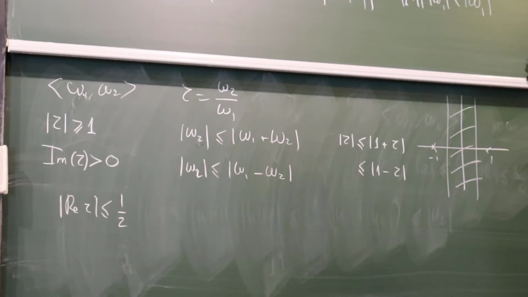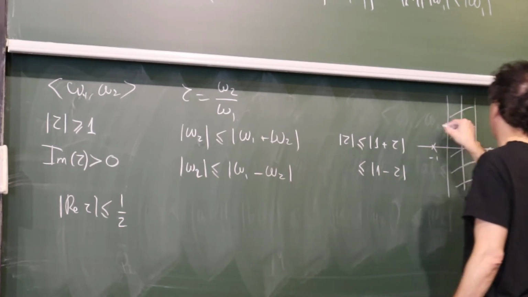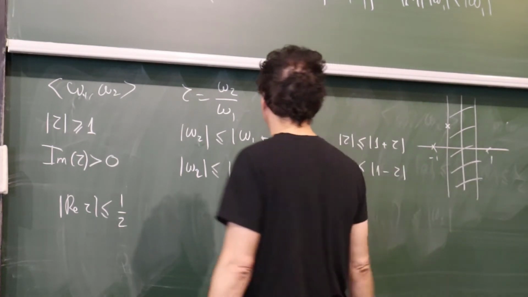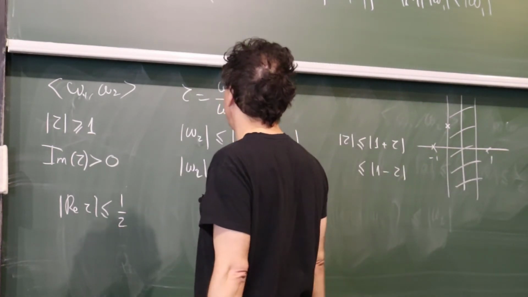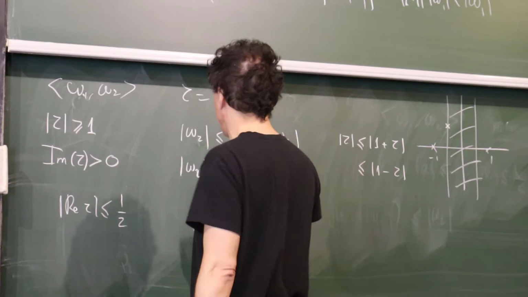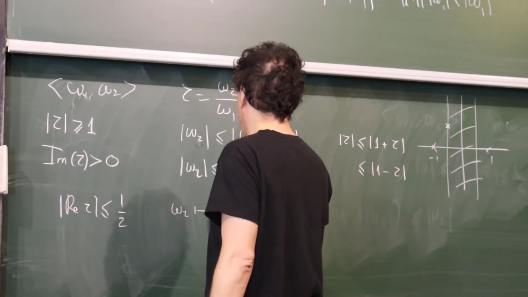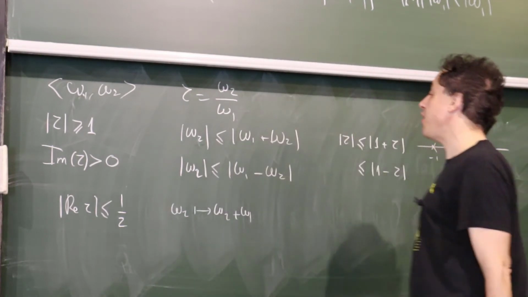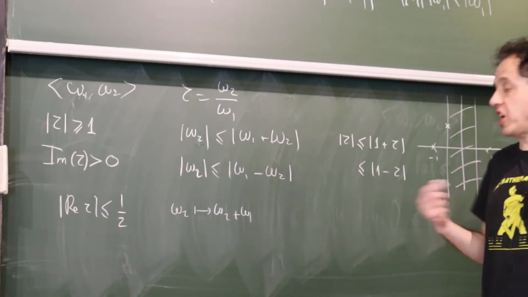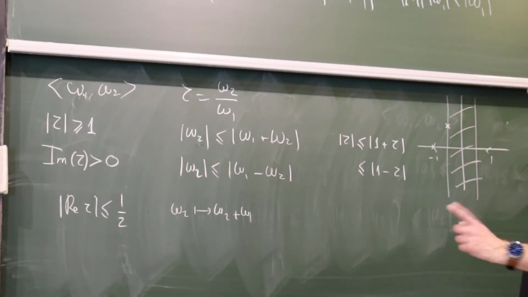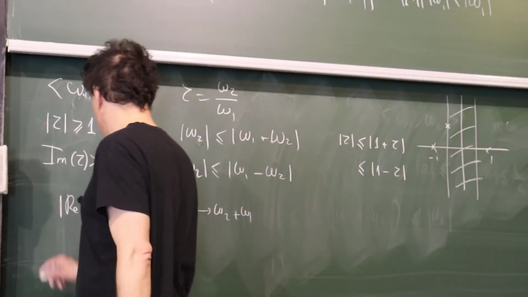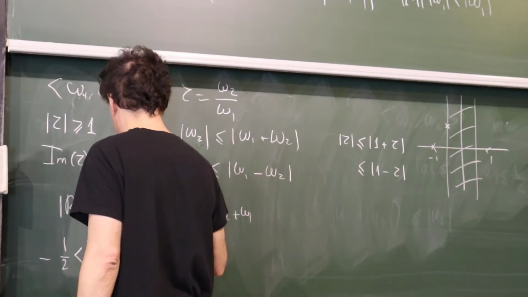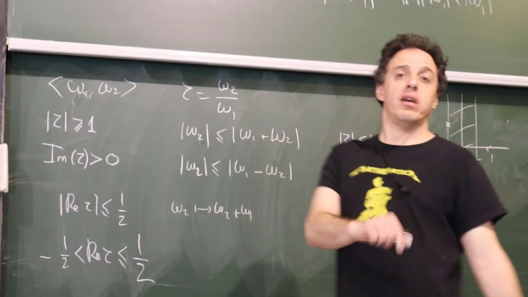In fact, if the real part was minus 1 over 2, we could change tau by tau plus 1, the same as changing omega 2 by omega 2 plus omega 1. You can verify that the conditions are not changed, and we could assume that the real part of tau is not there.